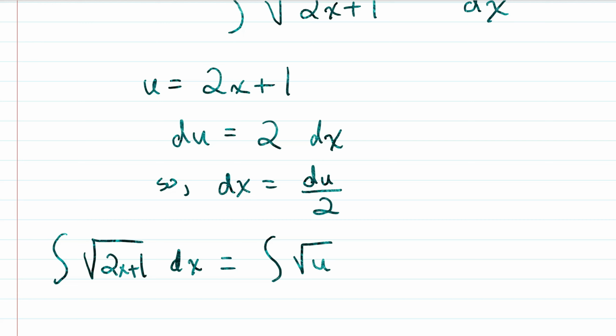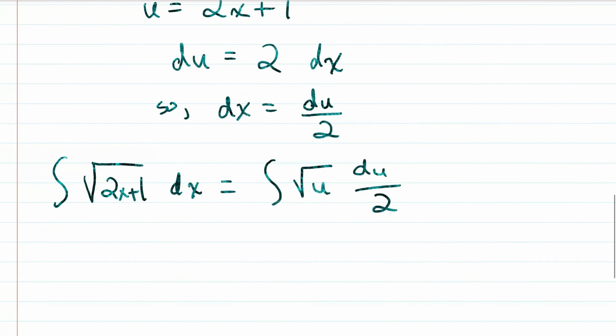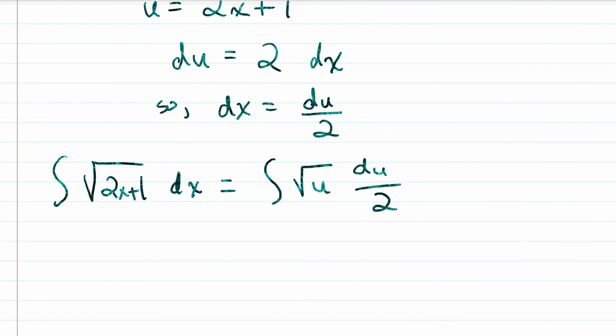And instead of dx, I'll write du over 2. Remember, you can look at that as 1/2 du, which means the same thing, just written in a different way.